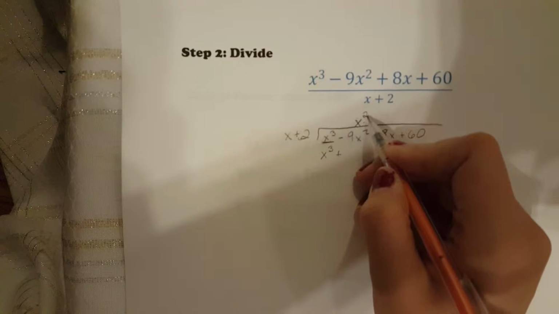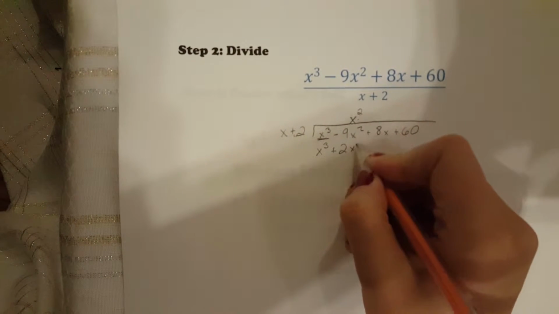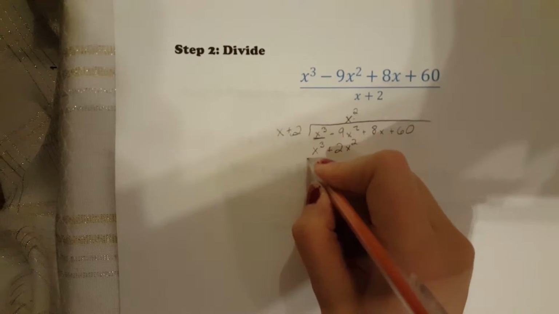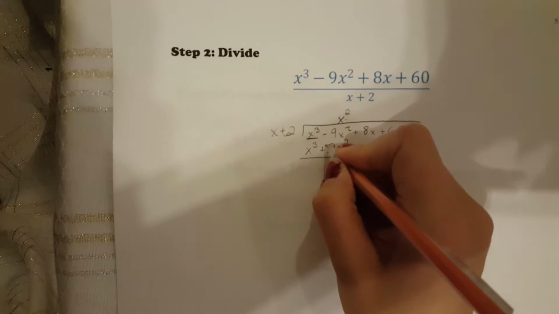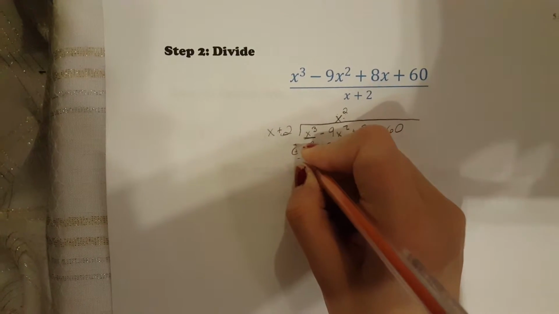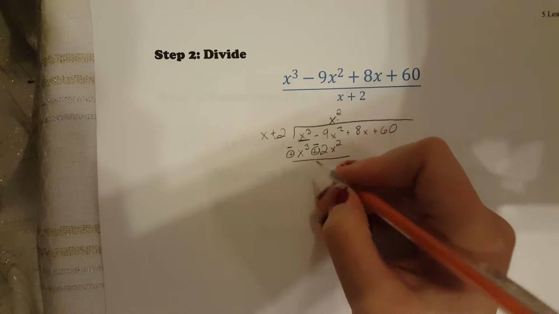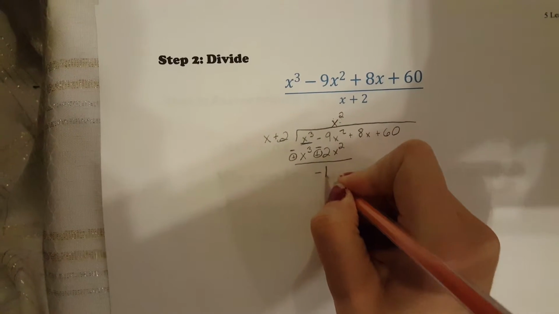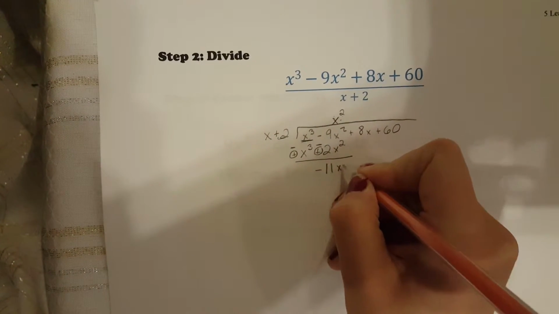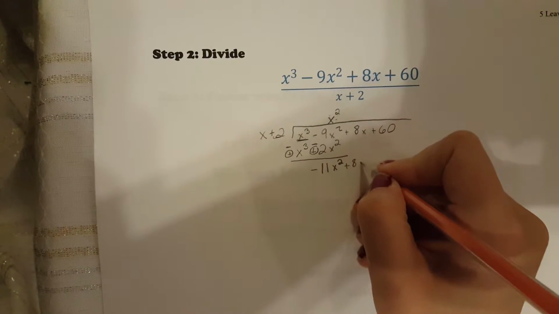So then x squared times 2 is 2x squared. Okay? Now we're going to change these signs. So this becomes a negative, and so does this, which ends up giving us a negative 11x squared. Then we're going to bring down the rest of this up here.